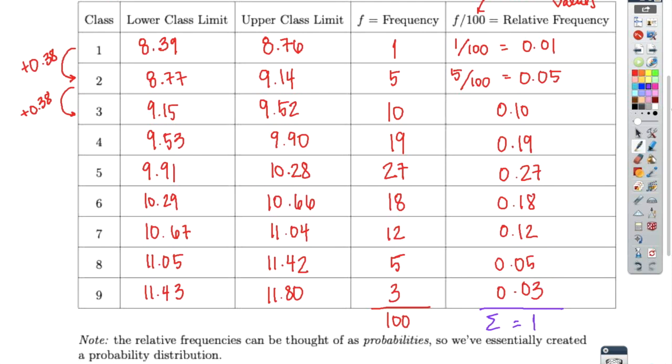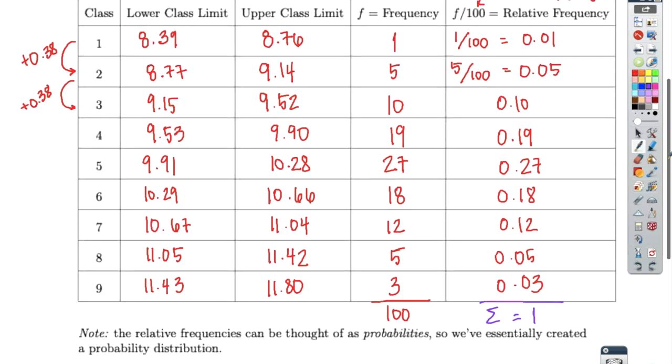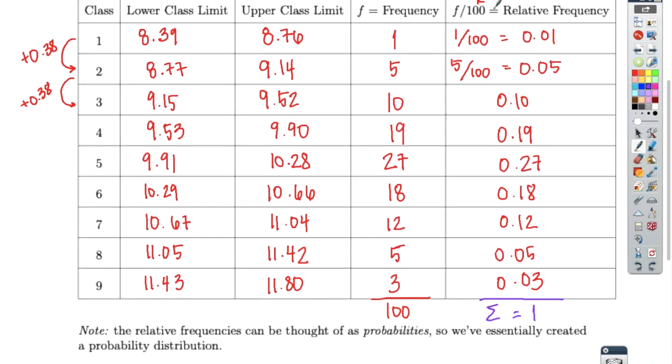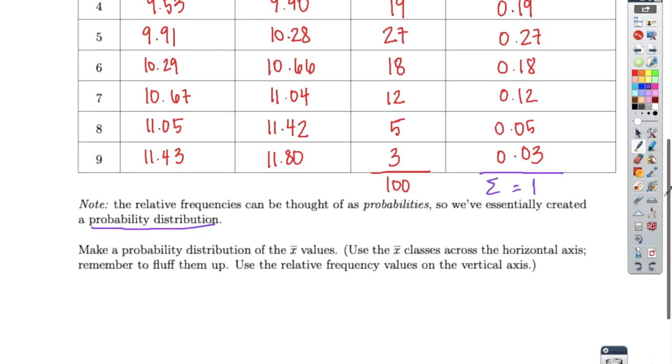So because of that, we can think of these decimal values as probabilities. Like we could think of 0.18 as 18%, for example. So essentially what we've done in creating this table is created a table of probabilities, which is called a probability distribution. Probability distribution just means a table of probabilities in different classes.